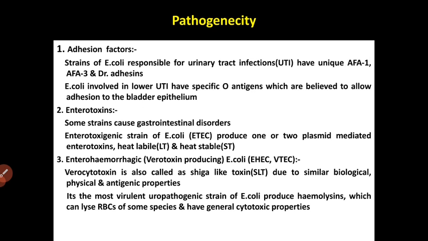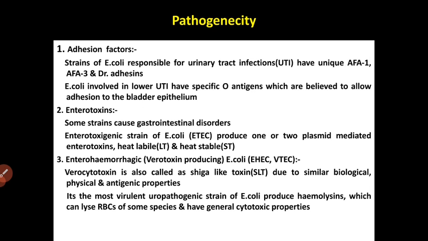It was so named because of its cytotoxic effects on vero cells, a cell line derived from African green monkey kidney cells. Verotoxin is also called Shiga toxin or Shiga-like toxin, SLT, due to similar biological, physical, and antigenic properties of the toxins.